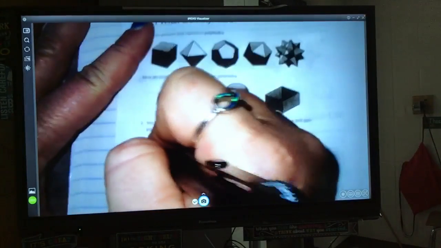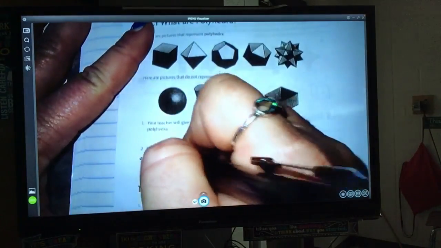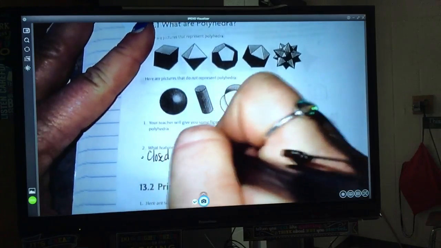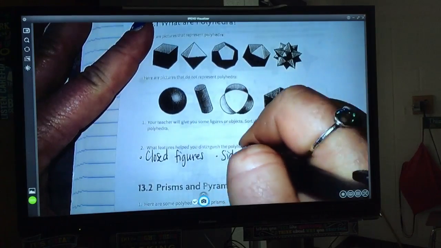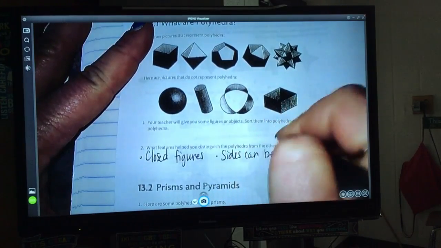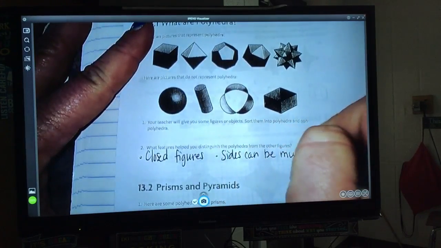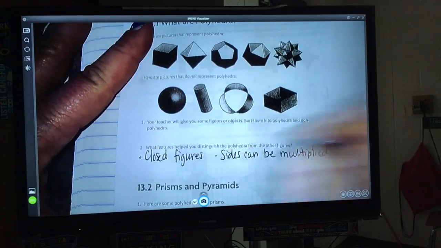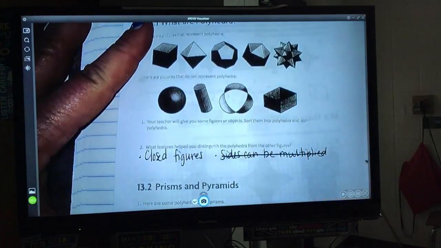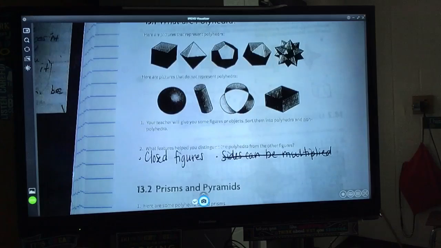Okay, so let's go with closed figures. Alright, let's start with that.